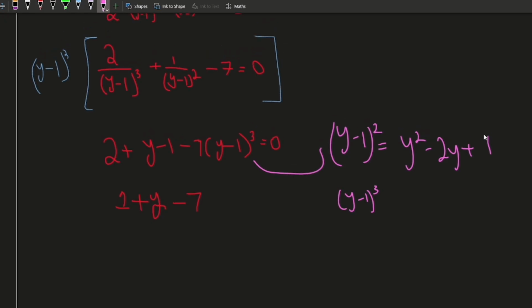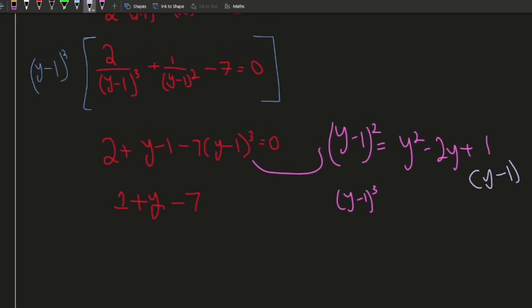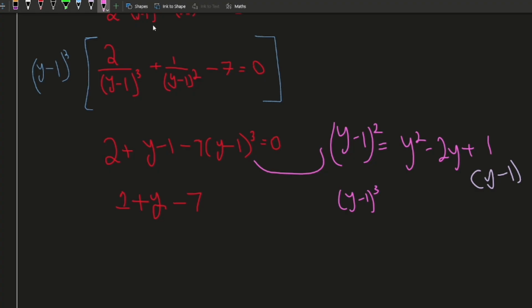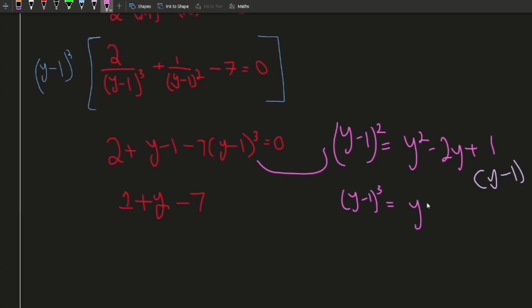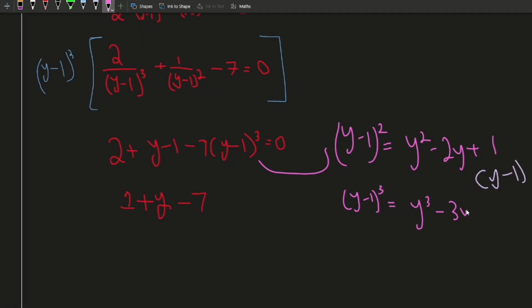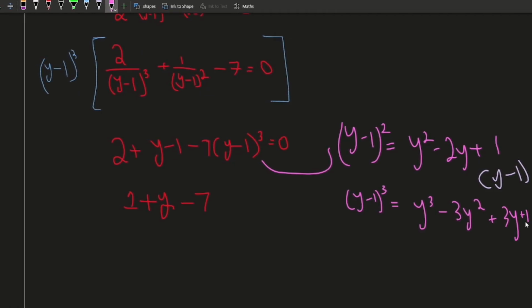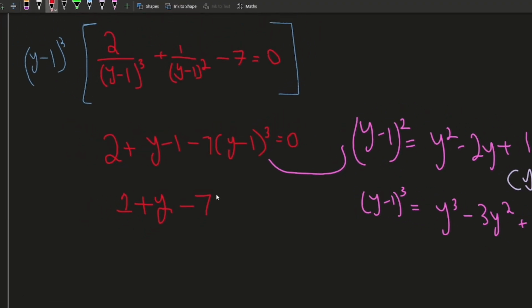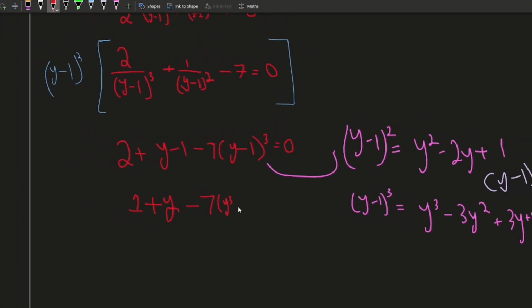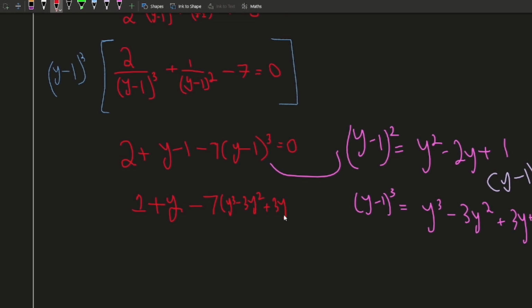To get y minus 1 cubed, we will multiply this by y minus 1. So let's do that. So this will be y cubed minus 3y squared plus 3y minus 1. Let's input this here. So this will be 7y cubed minus 3y squared plus 3y plus 1.